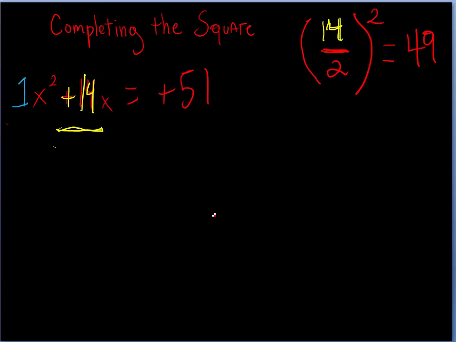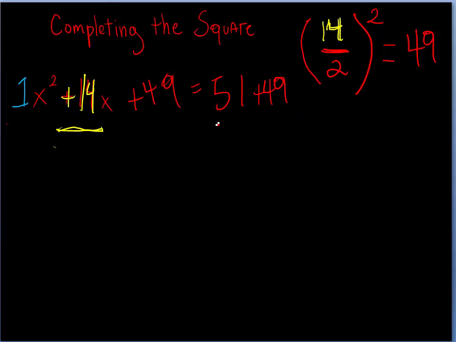I'm going to put 49 into the problem. I'm going to add it to both sides. It's going to change my equation. There we go. I can add 49 to both sides because it doesn't change what this equation is. Because I added 49 to both sides, I haven't made one side bigger than the other.